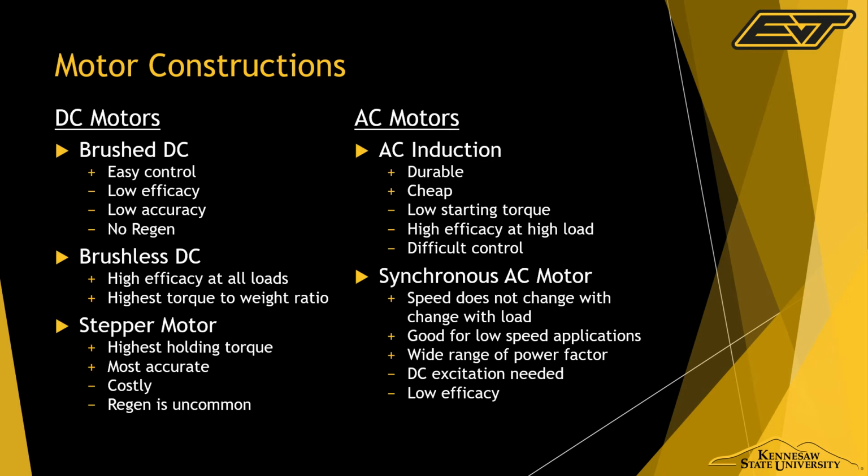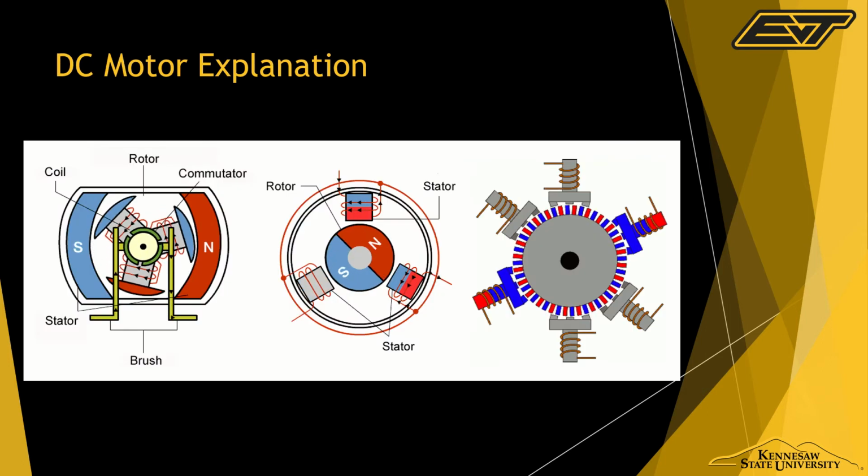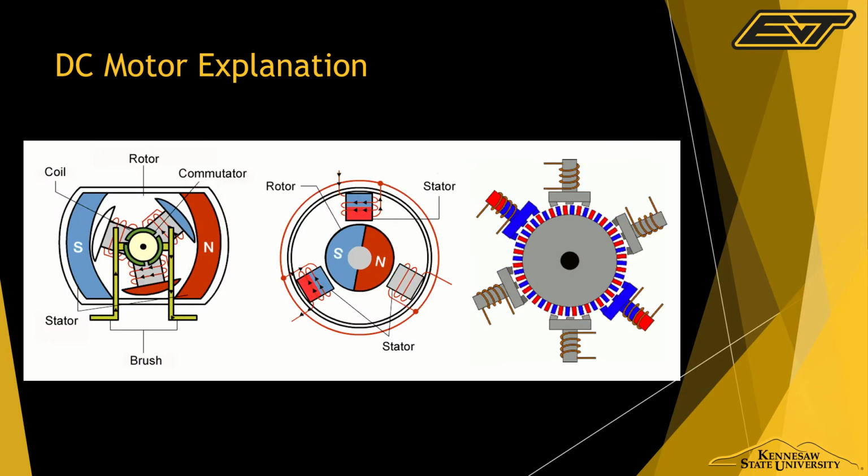Now, brushless DC motors apply mostly in our situation. We have been calling these permanent magnet AC motors for the longest time. I really feel like that's what they should be called, but when you go on the internet, these are mainly called brushless DC motors. If you look here, the brushless DC is in the middle.